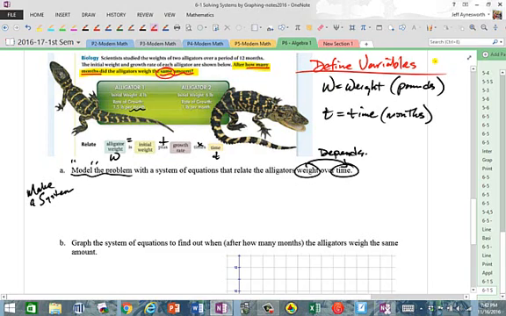Now let's go for it. Alligator 1, A1, has a 4 pound initial weight.